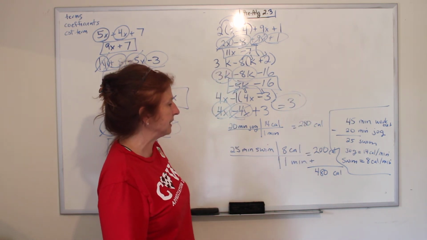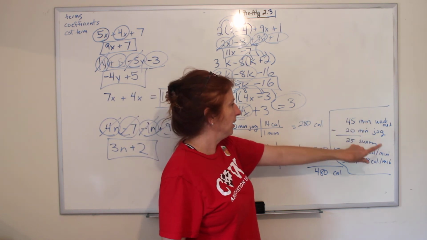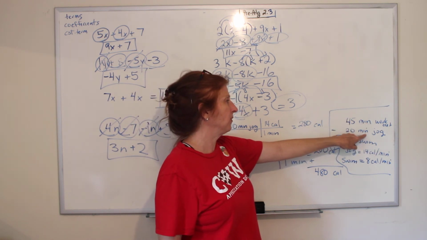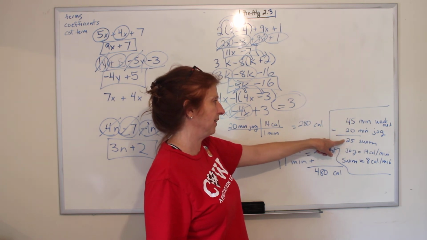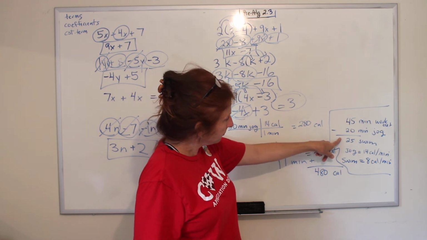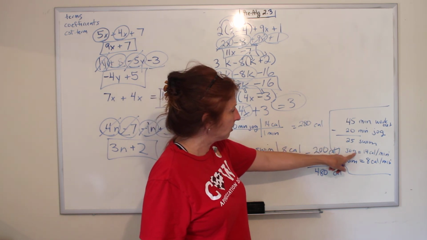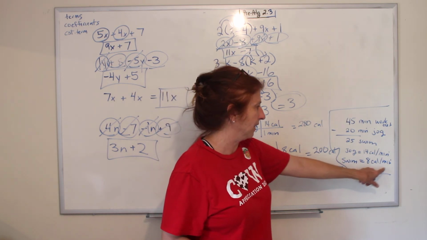Alright, so the last thing they ended with was a word problem. You do a 45-minute workout. You jog for 20 minutes. So I subtracted 45 minus 20, and I found out that I swam for 25 minutes. Yay, go me. And I was told that I burn 14 calories a minute jogging and swimming 8 calories a minute.